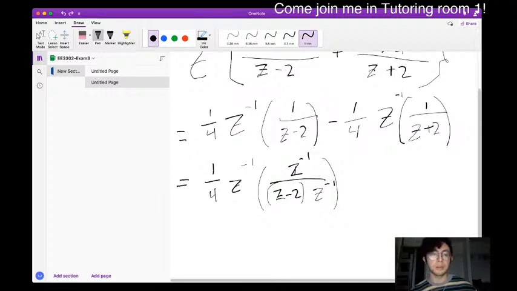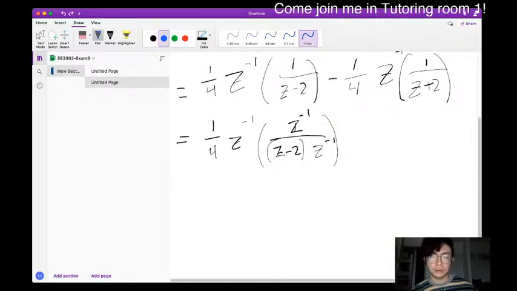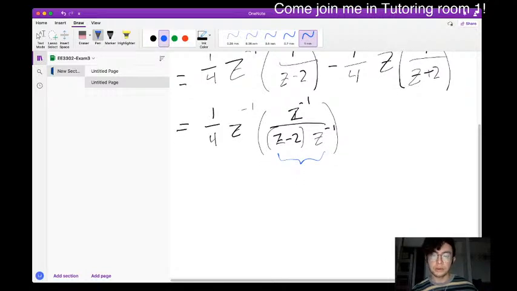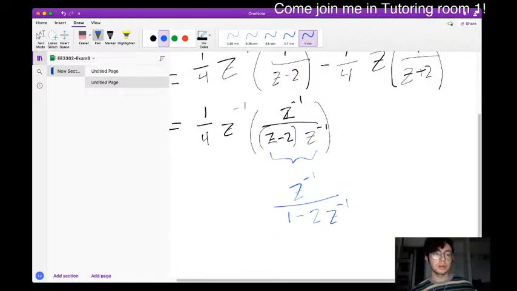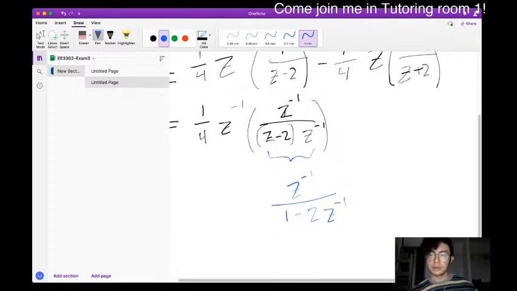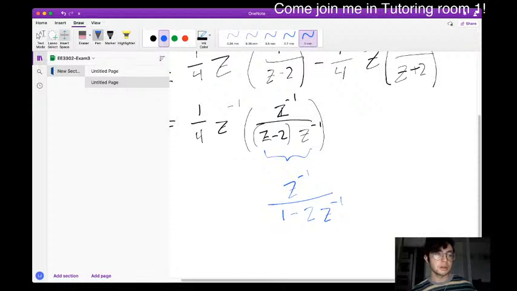Then this will come out to Z minus 1 over 1 minus 2 Z inverse. Let me go back to the table real quick.